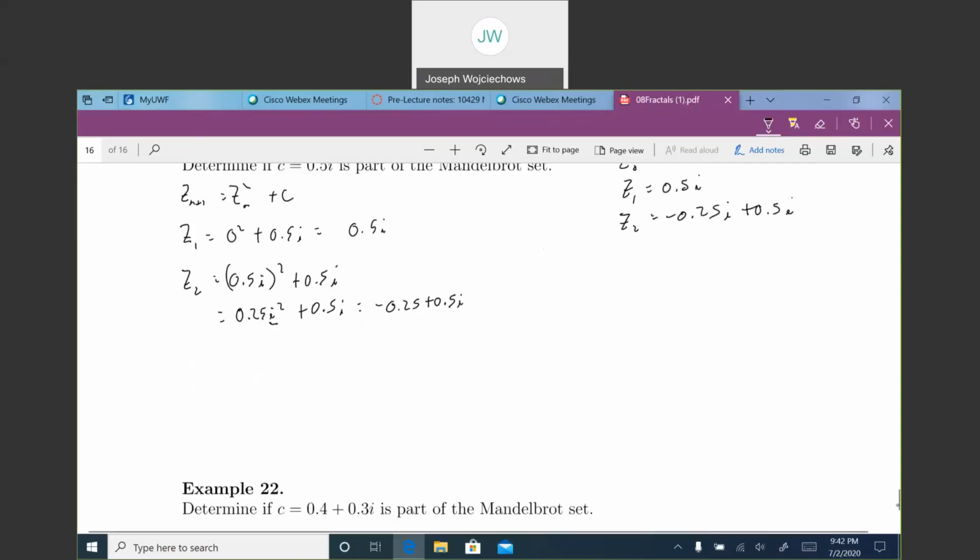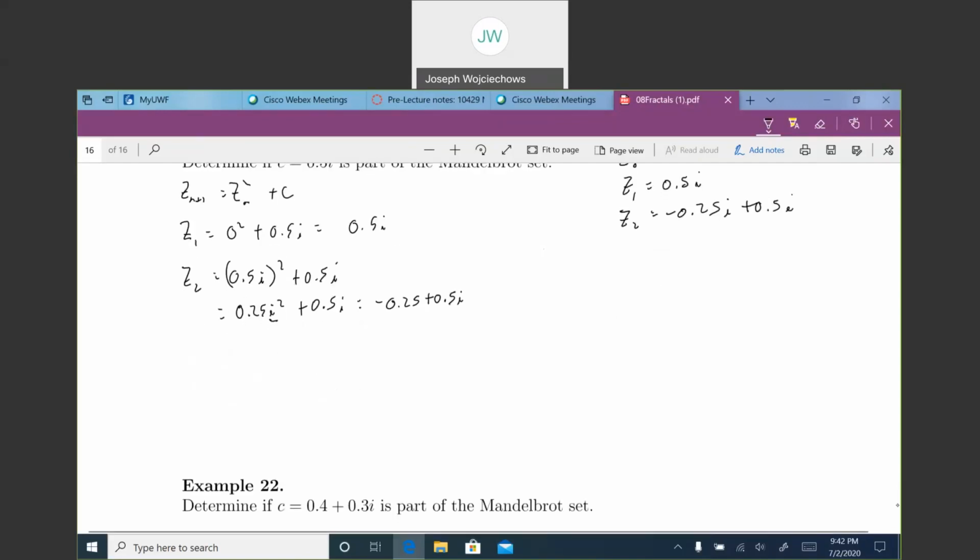Okay, now this is where this gets a little rough. Z sub 3 is equal to Z sub 2 squared plus 0.5i, which is negative 0.25 plus 0.5i squared plus 0.5i.